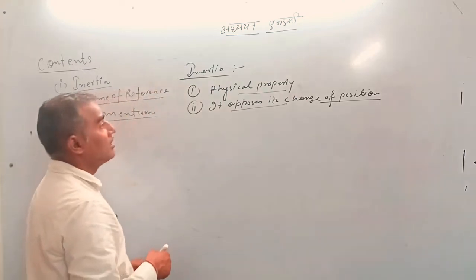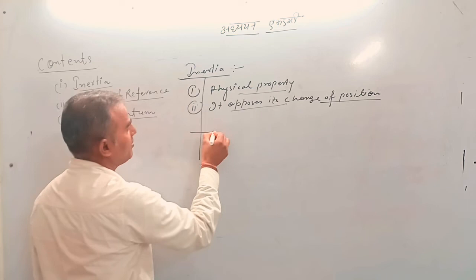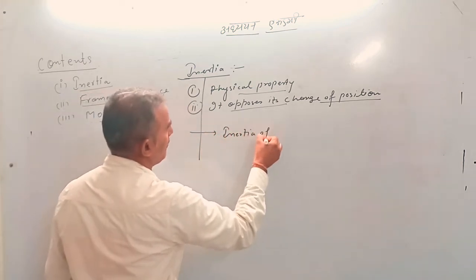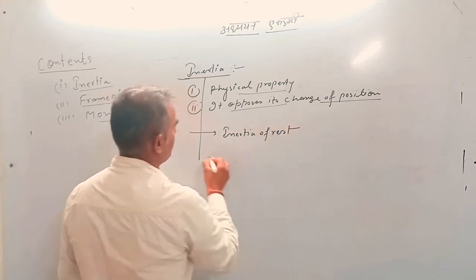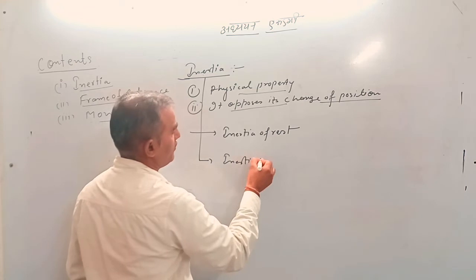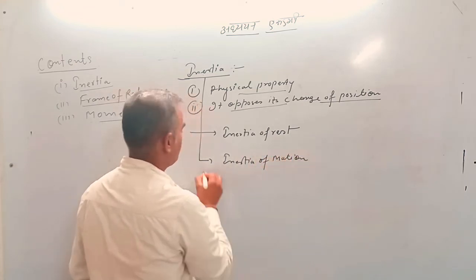If you are thinking about the types of inertia, number 1, inertia of rest. Number 2, inertia of motion.